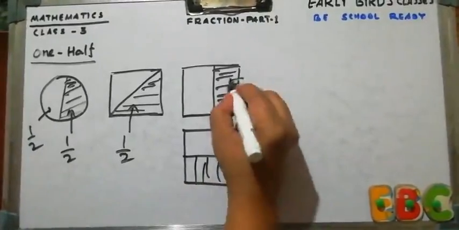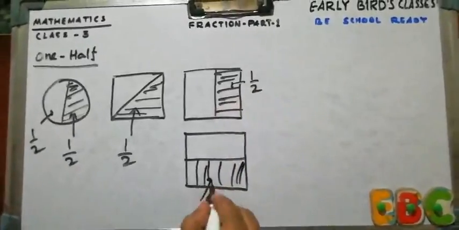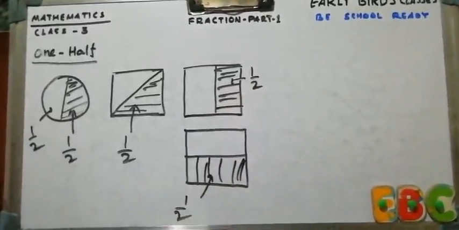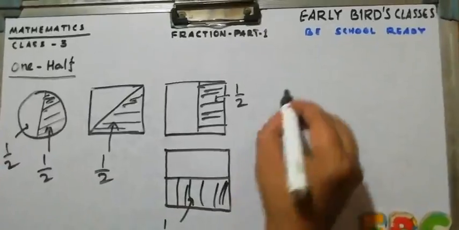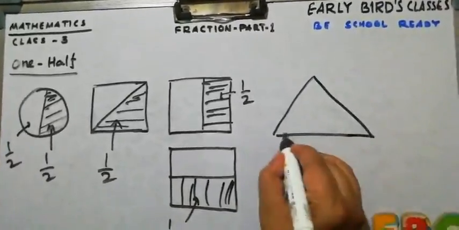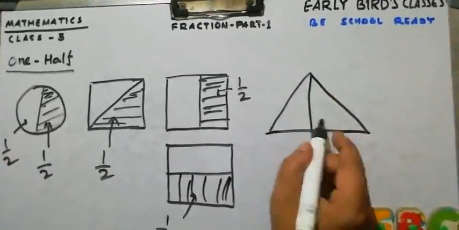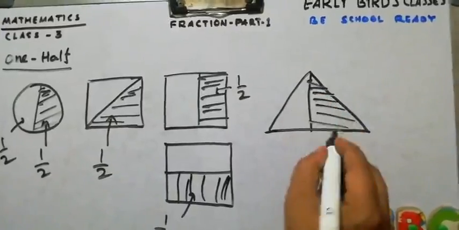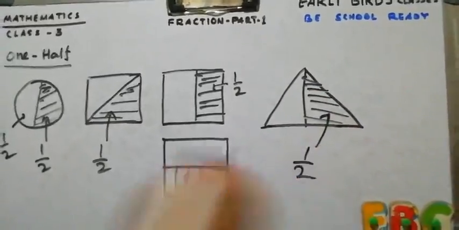So this is 1/2, here this is 1/2. Similarly, this is a triangle and this is equally divided, so this is 1/2.